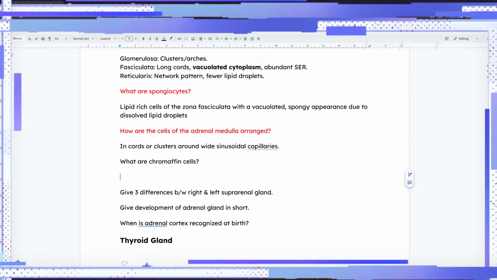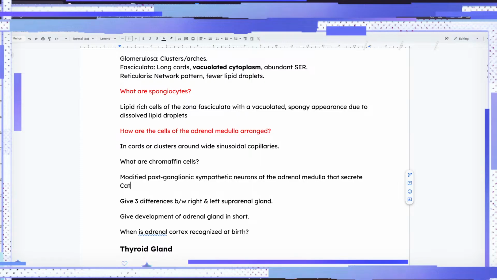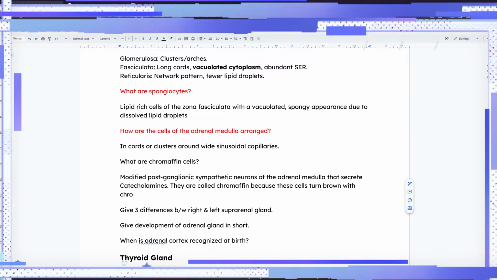They are modified postganglionic sympathetic neurons in the adrenal medulla that secrete catecholamines, and they are called chromaffin because these cells turn brown with chromium salts.